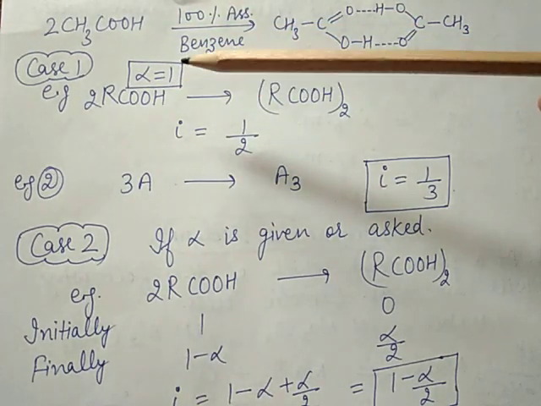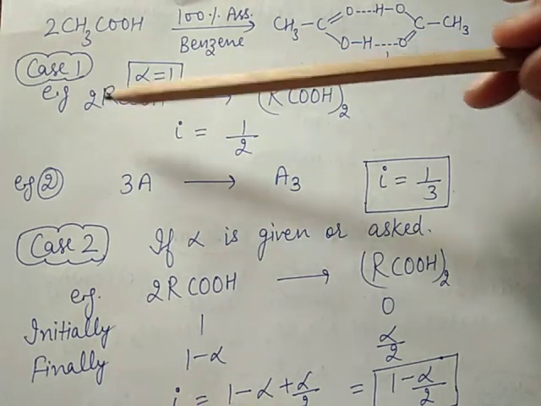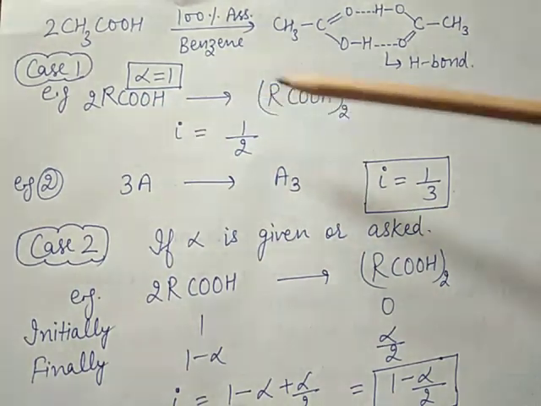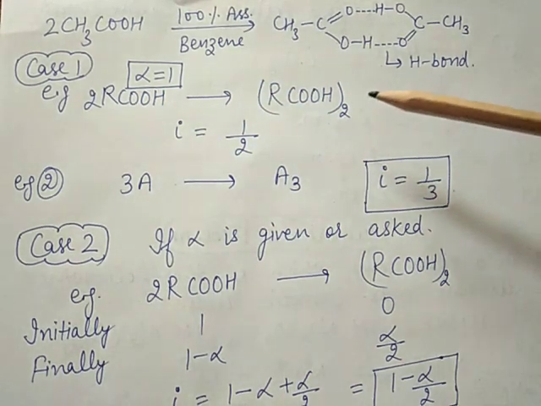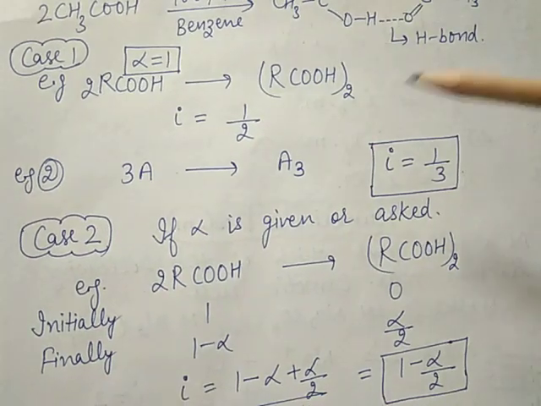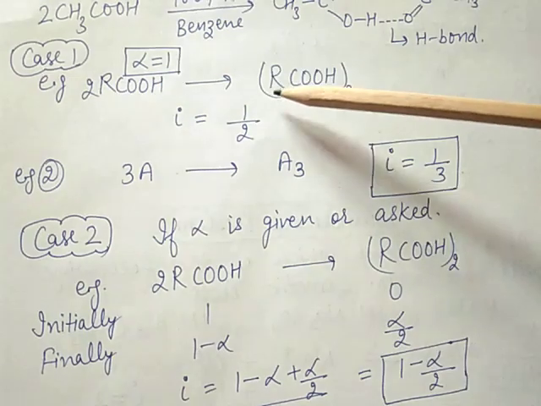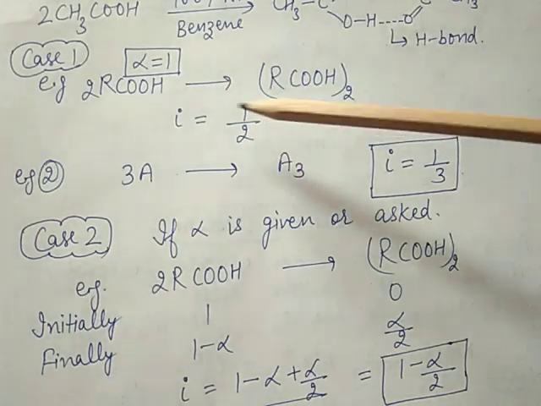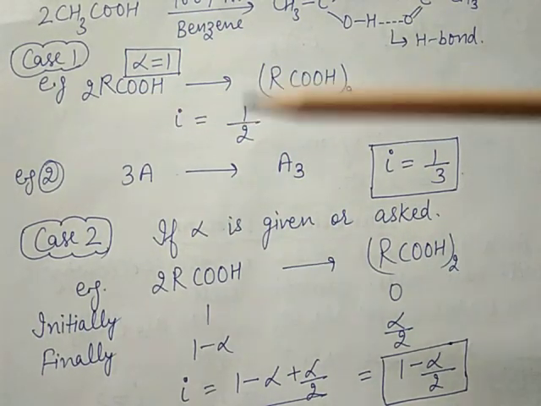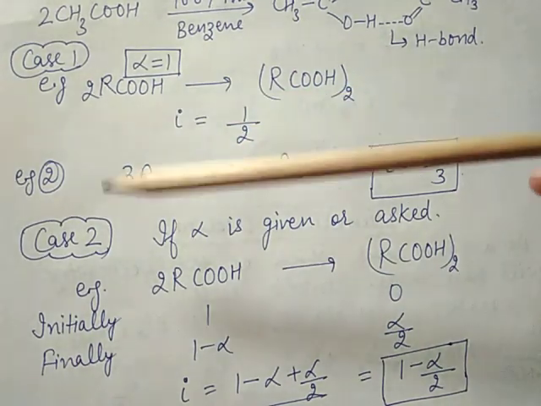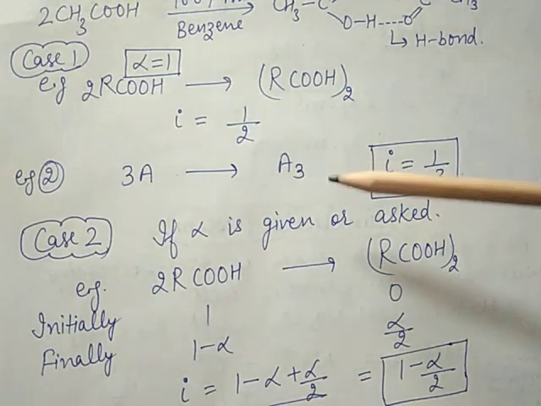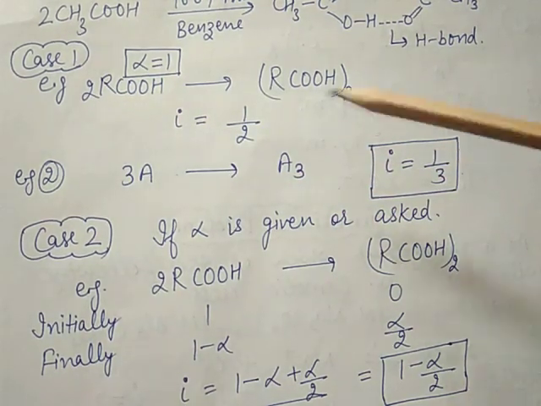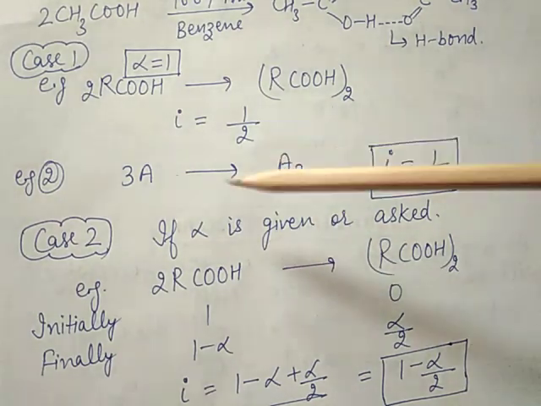If alpha is equal to 1, suppose 2RCOOH, R is any group, methyl, ethyl, then it will form (RCOOH)2, means dimerization takes place. Here iota is equal to the total number of particles after association, that is 1, divided by before association, that is 2, so 1 by 2. Second example, 3A gives rise to A3, means trimerization takes place. Iota is equal to 1 divided by 3.